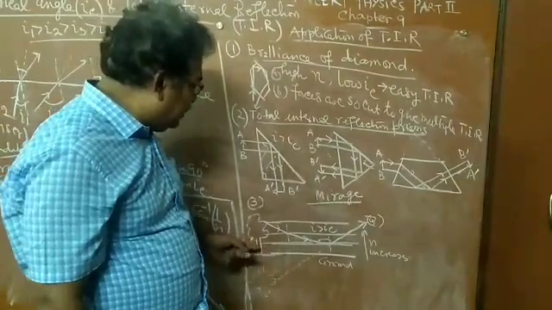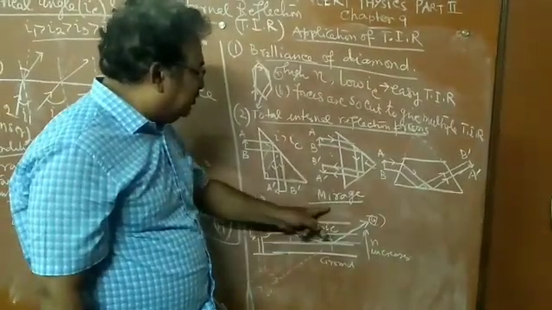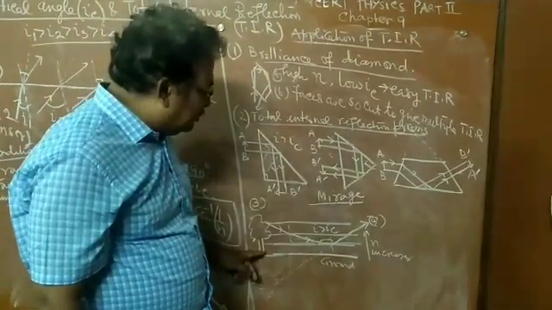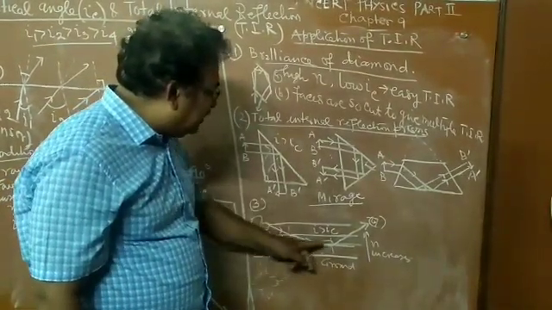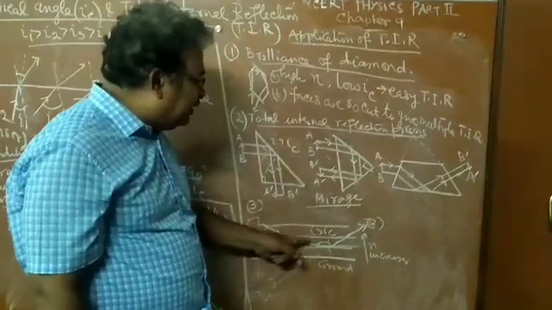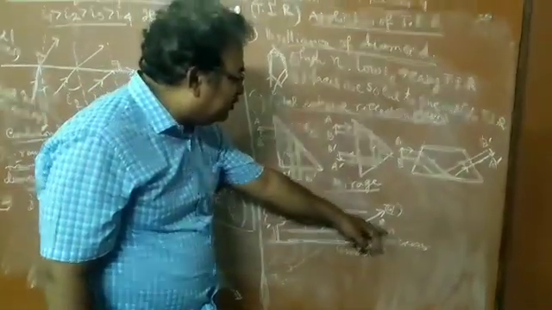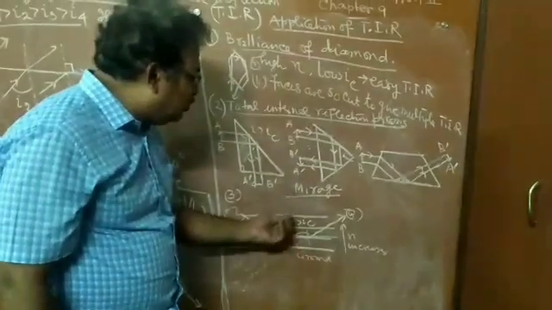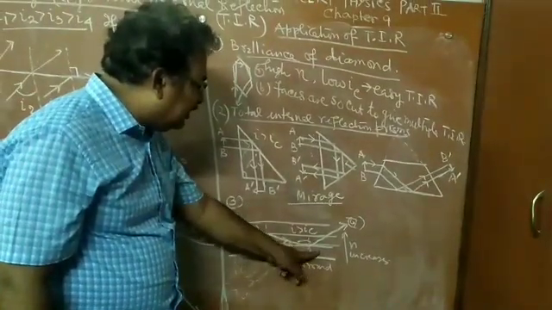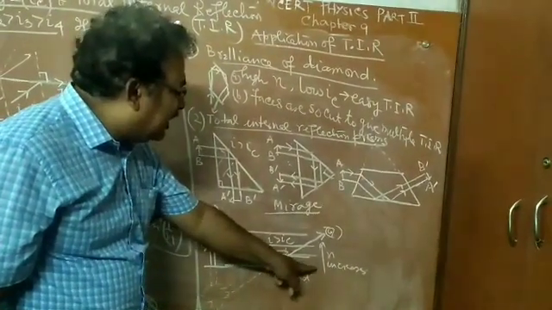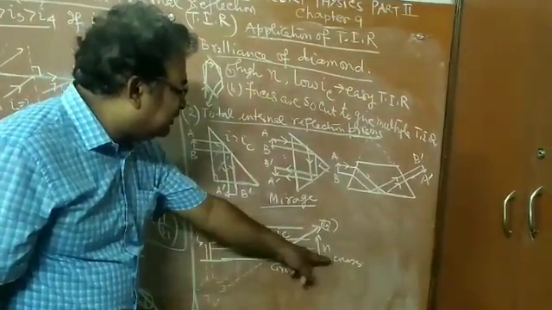I have drawn a diagram of mirage formation in hot regions like a desert. Now, the different layers of air above the ground, depending on temperature, have different values of refractive index. The lowermost layer is the hottest, so it will have the minimum refractive index. As we go up, the refractive index increases.